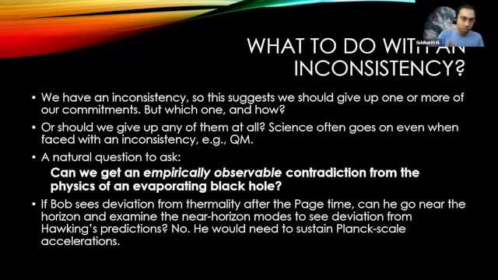So he wants to go to the near horizon area and examine what's happening there and see whether he can get a clear violation of quantum mechanics there. Can he do this experiment? No, not really, because in order to hover right above the horizon of a black hole, he would need to sustain Planck scale accelerations. So he couldn't do this experiment if he couldn't access Planck scale physics.